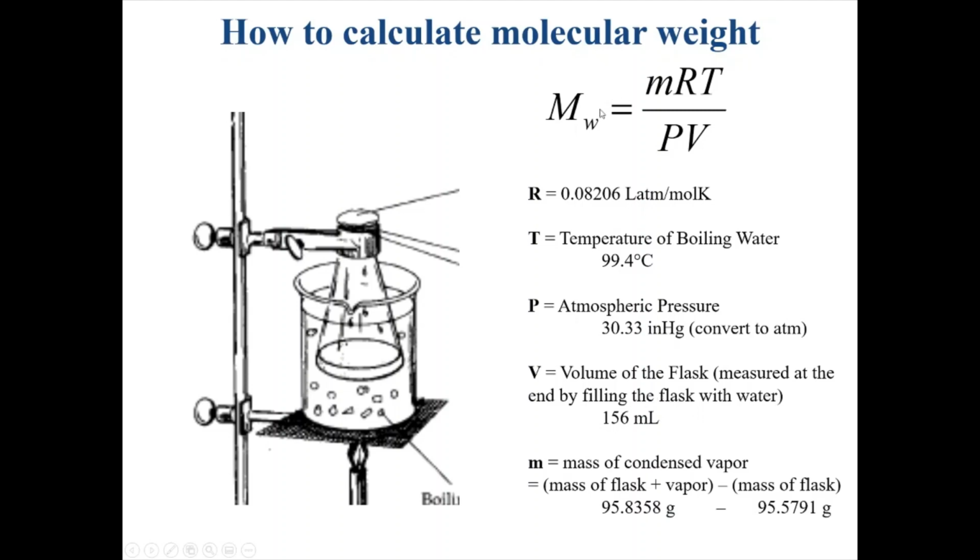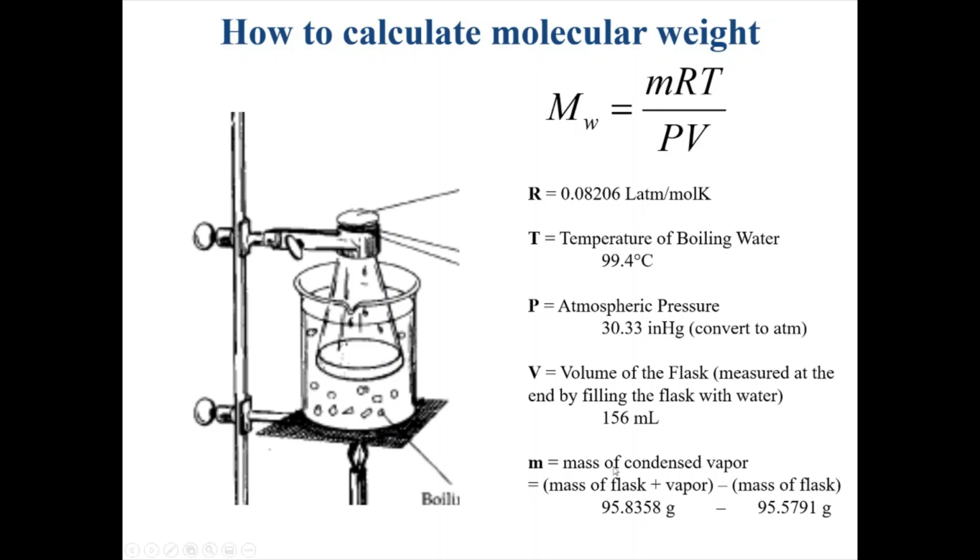Now the mass. The last thing we need is the mass of the gas. At the very end of the experiment, we take this out. Once we have our gas that's filled up the volume, we take this out and allow it to cool. When the gas cools back down, it condenses and forms a liquid at the bottom of the flask.